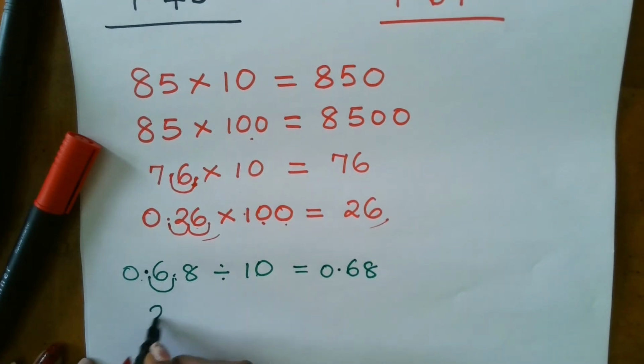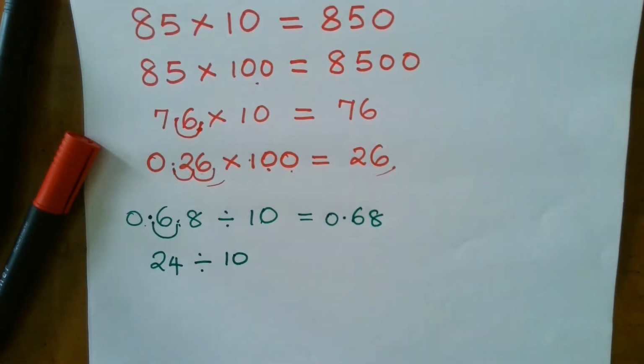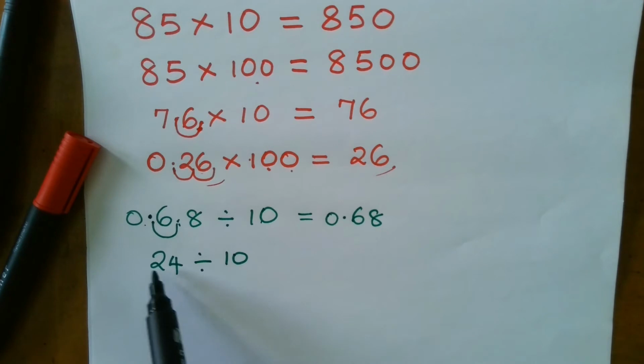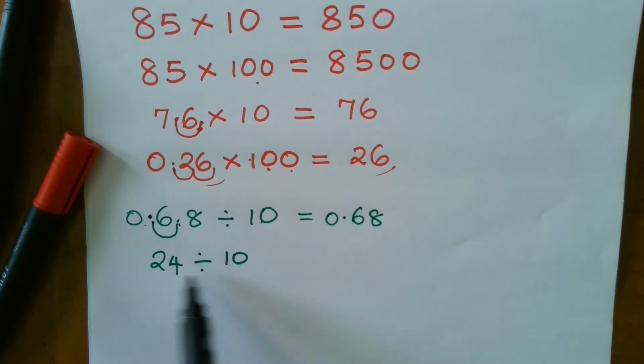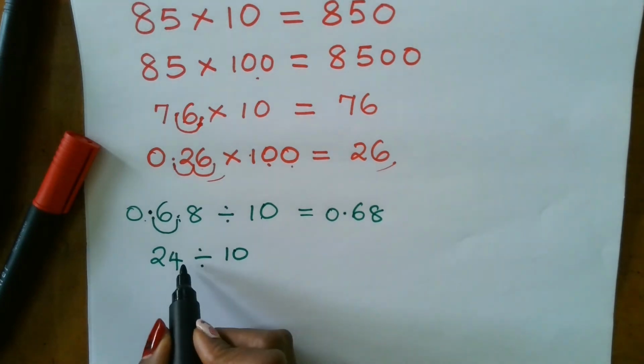If I take a look at another example, I've got 24 divided by 10. In this one, I do not have a decimal anywhere, but I have to divide 24 by 10. So what I do is I move the decimal point to the left. Let's say the decimal point is here.